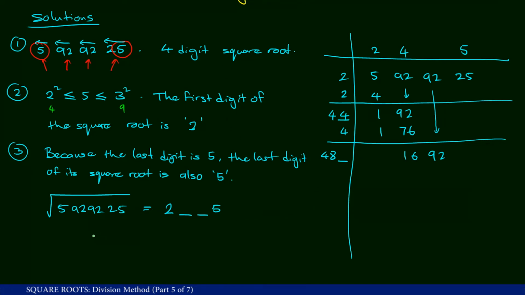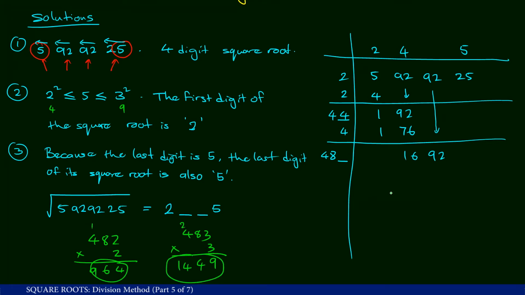Let's try 482. 482 times 2 is 964. 964 is less than this. Let's try the next digit, which is 483. 3 times 3 is 9. 8 times 3 is 24. 4 times 3 is 12. 12 plus 2 is 14.